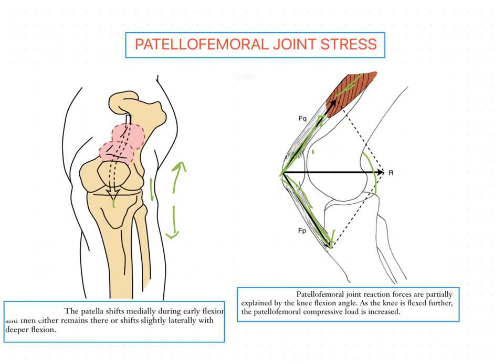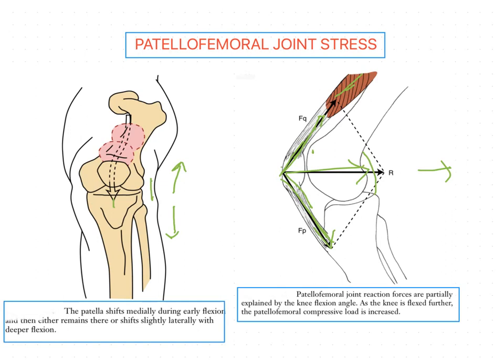So what type of force is being created here? These are concurrent forces acting in two different directions, which produce a posterior compressive force of the patella on the femur that varies with the amount of knee flexion. So these two forces acting on the patella create a posterior compressive force.